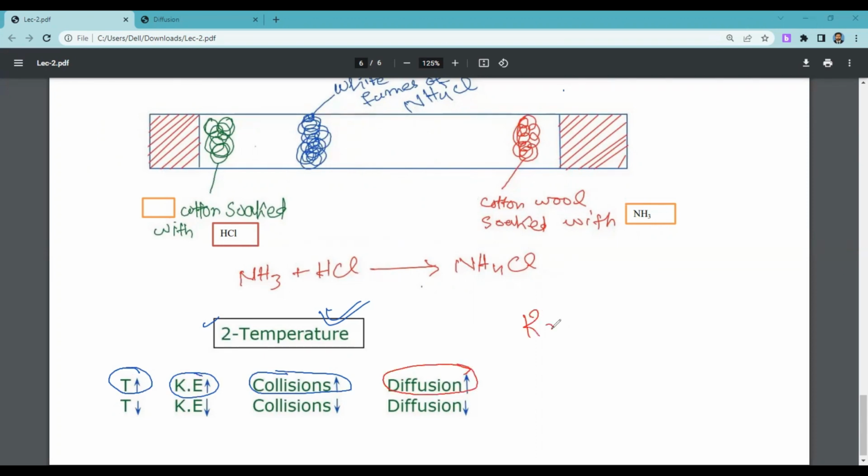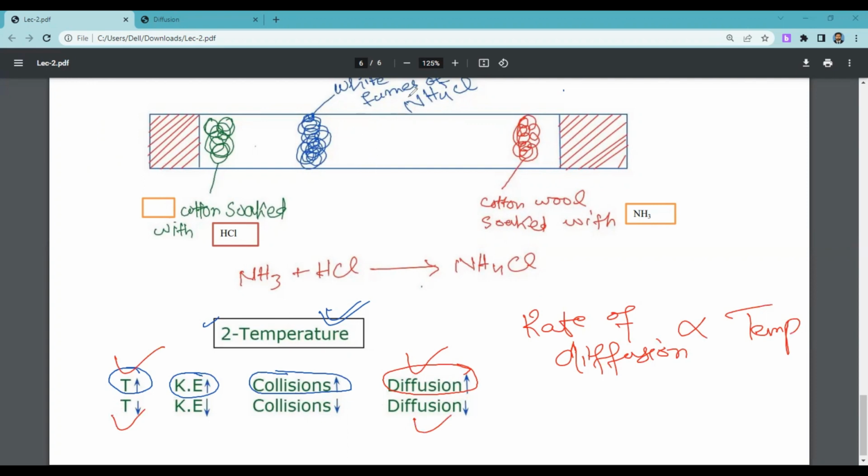It means that rate of diffusion is directly proportional to the temperature. If we increase the temperature, the rate of diffusion will increase. If we decrease the temperature, the rate of diffusion will decrease.